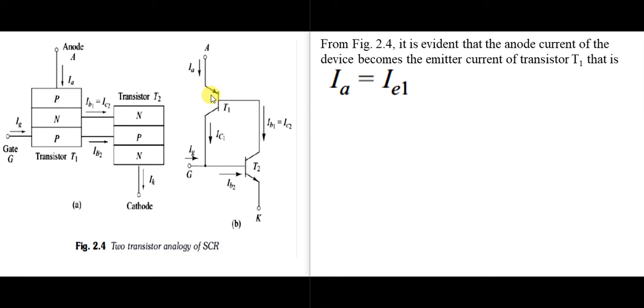This is the emitter terminal, and now it is the anode terminal. Now we will replace IE1 by IA in the previous equation. So IB1 equals (1 minus alpha 1) in brackets times IA minus ICO1.